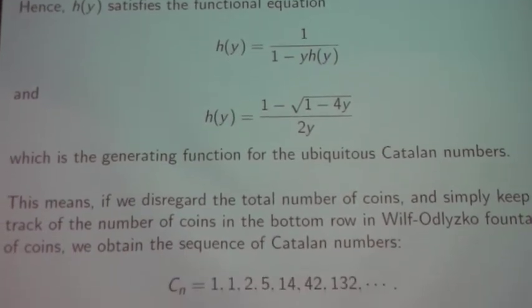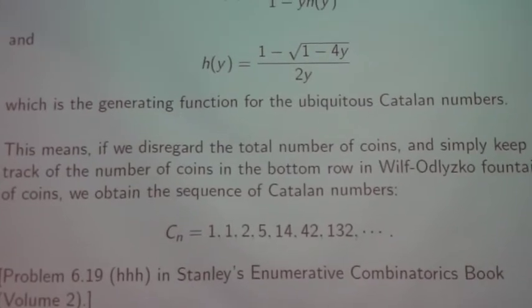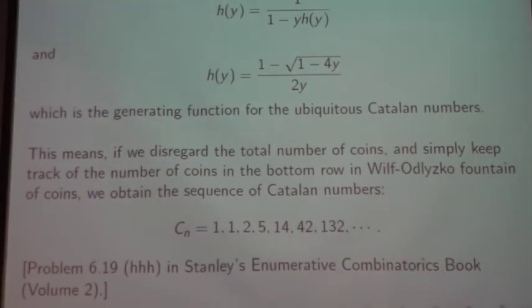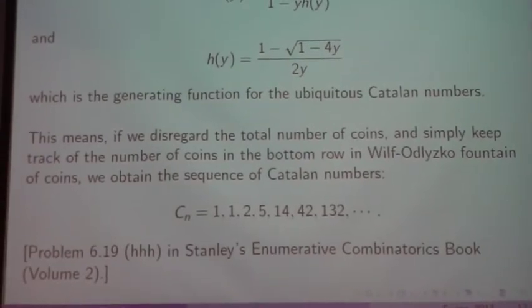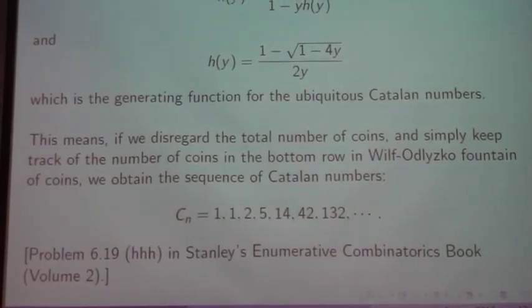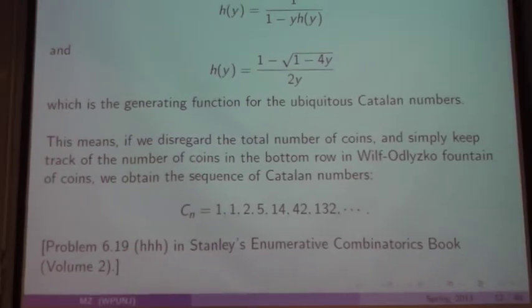Okay? So the third one is actually the easiest of all the three at its face value, because it's just enumerated by the sequence of Catalan numbers. Okay? How we get to it is a different story. And also this particular simple problem is mentioned as problem 6.19 in Stanley's book.